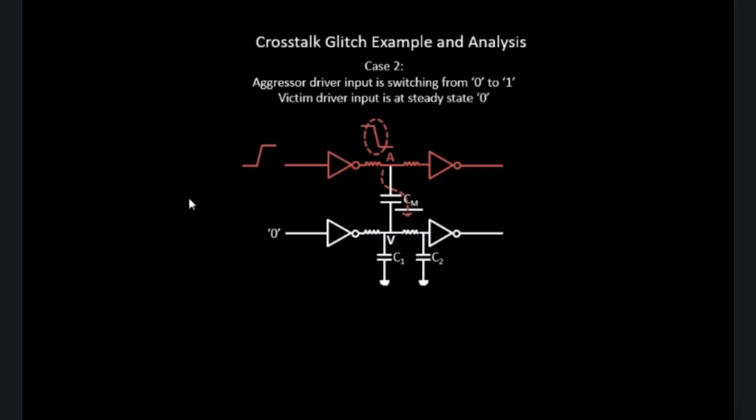Now this particular victim, which was completely charged to logic 1, gets discharged through this particular inverter for some time, and then again gets charged to its logic 1. So here is what is happening. Once the output of this particular inverter is switching from logic 1 to logic 0, all the capacitances seen by node A are getting discharged through this particular inverter.